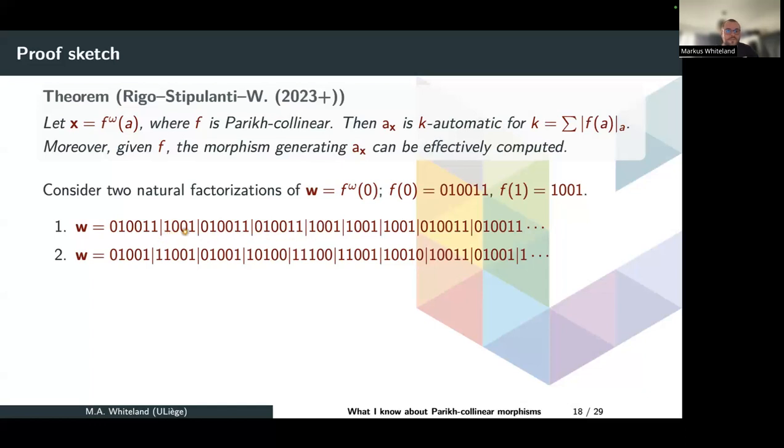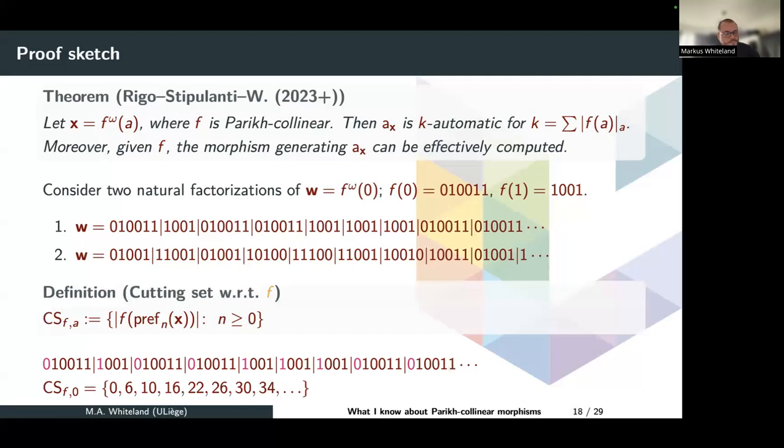Because here 2 out of 4 are ones, here 3 out of 6 are ones, and so forth. While if you look at the factorization given by this 5-uniform morphism, you don't have this nice property. The number of ones is going to differ between 2 and 3, it seems.